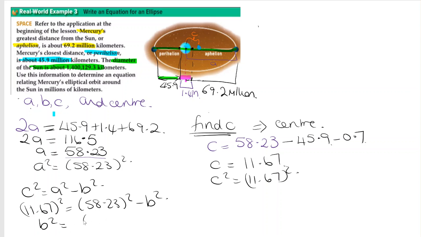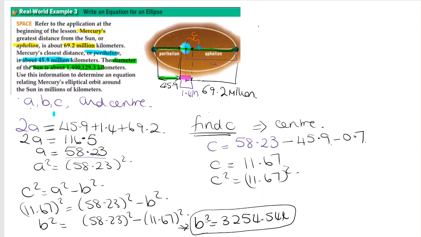So b squared will be 58.23 squared minus 11.67 squared. Just put that into the calculator, and b squared is equal to 3254.544.